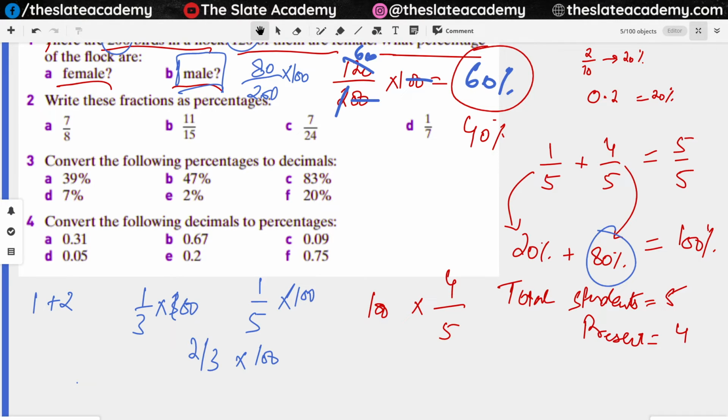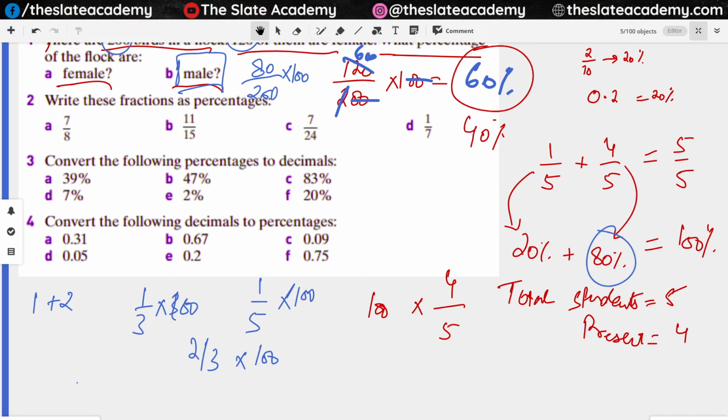Yes, 66.66 or 66.67%. Okay, so this is how we calculate percentage. We take the amount that we are dealing with, we divide it over the total, and then we multiply it with 100. So that is how we get the percentage.